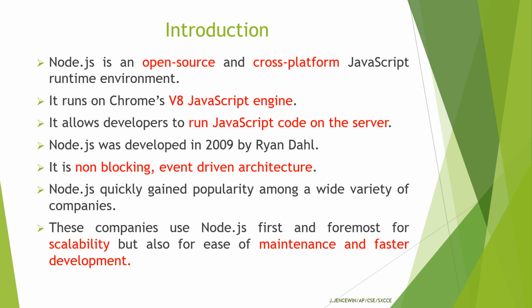It also follows a modular architecture, that is, we develop the application in small components. It is very easy to find errors because we are developing small components, which follows the modular architecture and allows faster development.